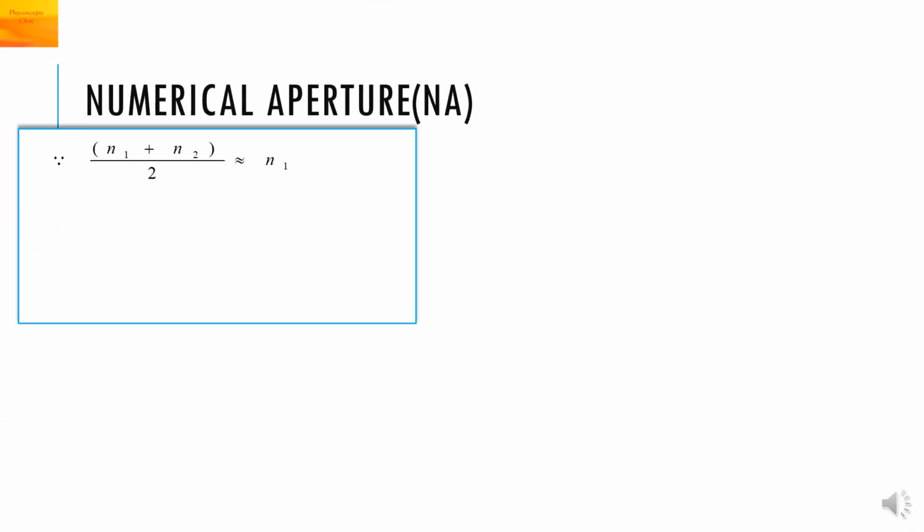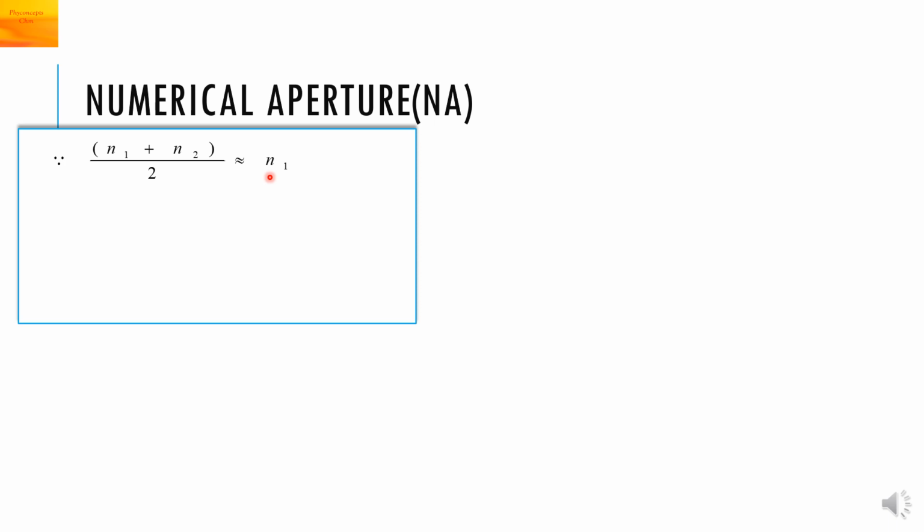Now this ratio N1 plus N2 by 2 is approximated as N1 because the difference in N1 and N2 is very less. That is the refractive indices of the core and the cladding. The difference is very less.